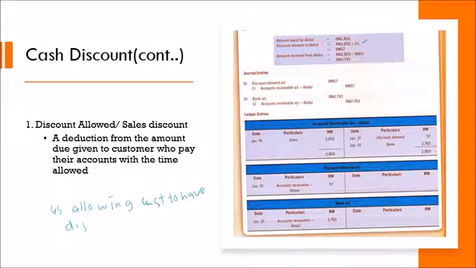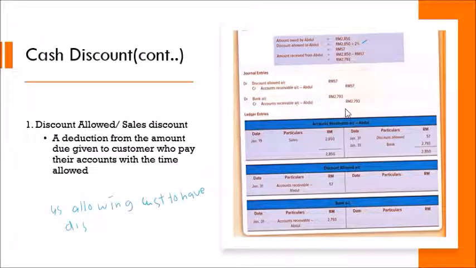Okay, so this is the transaction for the discount, RM57. After that, you have to record the balance amount, which is 2,850 minus 57. You have to record the amount that Abdul has to pay. Abdul said he has made the payment by check.